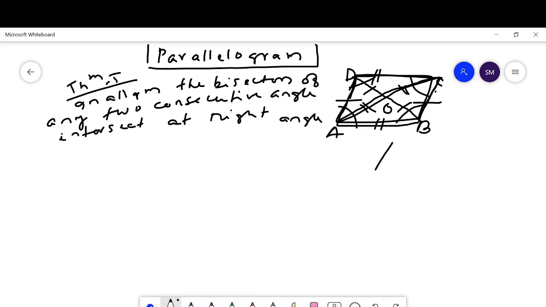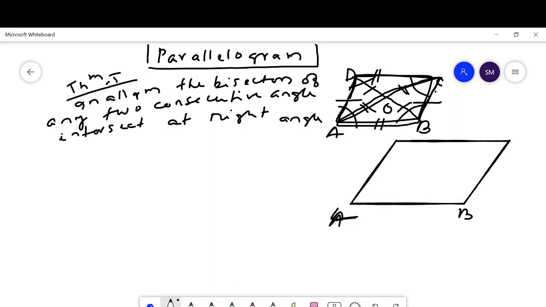Suppose ABCD is a parallelogram. Then the bisectors of any two consecutive angles. Suppose AO is the angle A bisector and BO is another angle bisector.